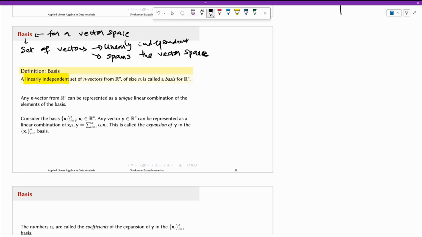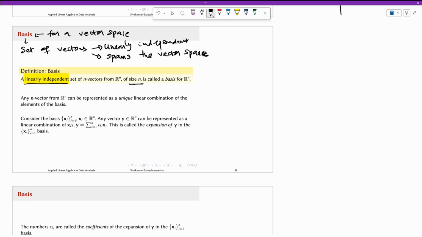If you're talking about a basis for Rn, then again you say the set needs to be linearly independent, and the set has a size n. That means there are n vectors in it. So in Rn, if you have a set of n different vectors that form a linearly independent set, you will say that's a basis for Rn, because you can take the linear combination of elements of that set and produce any element in your original vector space Rn.